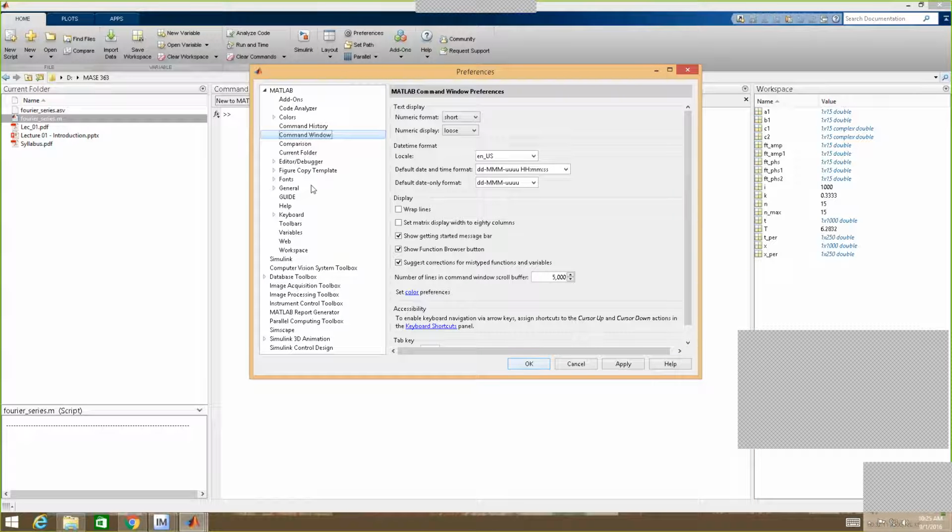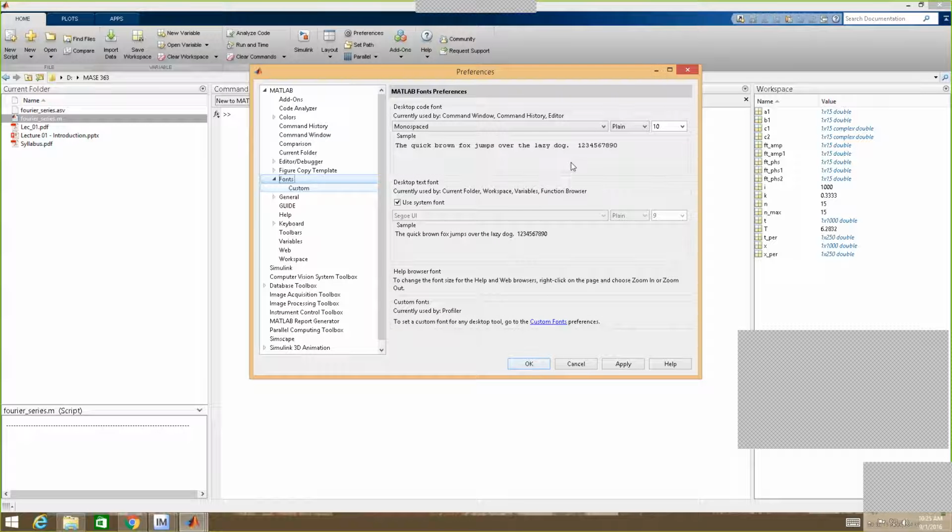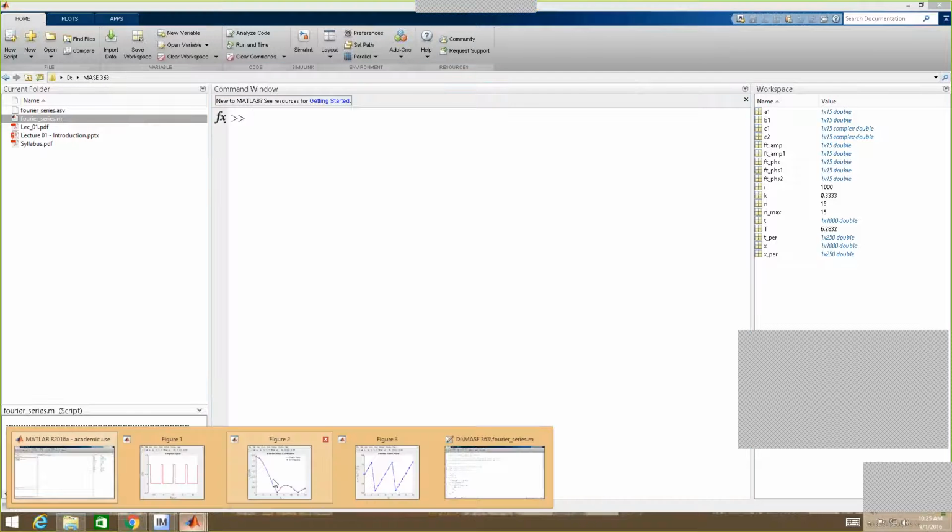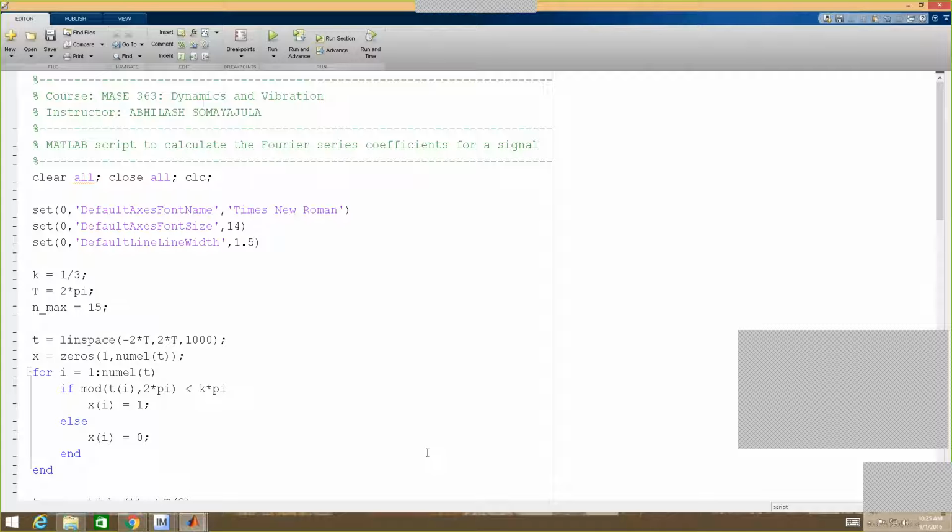Command window, fonts. Alright, so this one, let's make it 18. Apply. Okay, can everybody see this clearly? Okay, cool. So this is basically MATLAB.